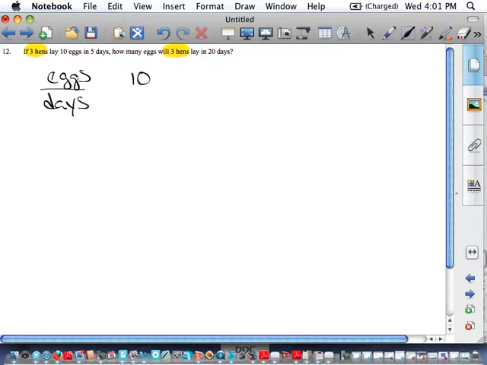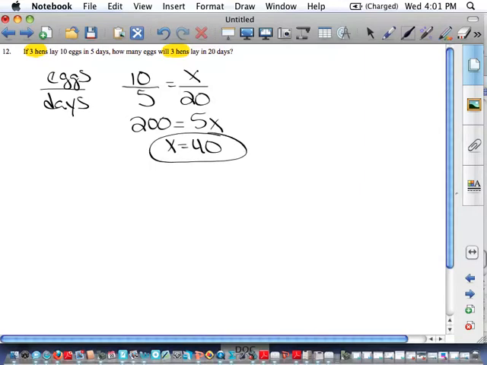So I have 10 eggs in 5 days as X eggs in 20 days. Cross multiply, you get 200 equals 5x, so x is equal to 40. So 40 eggs in 20 days.